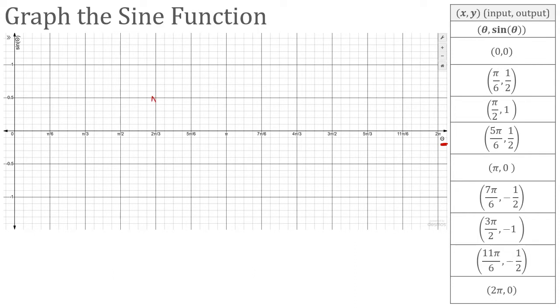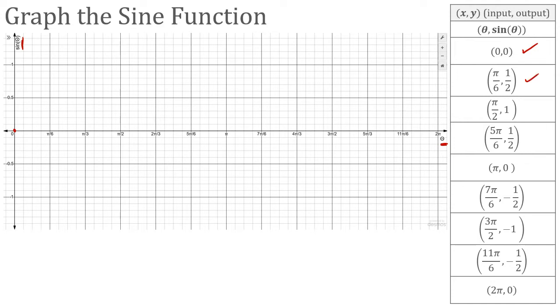And on the vertical axis, our output is whatever the sine of theta happens to be. So we're going to plot those points, and the very first point that we see is the point 0, 0. An angle measure of 0, and sine of 0 is also 0, places us at the origin.